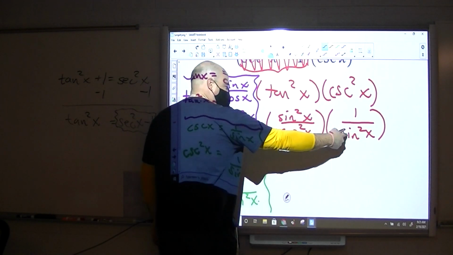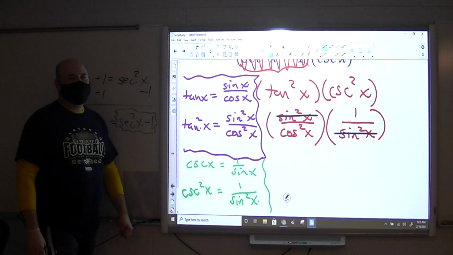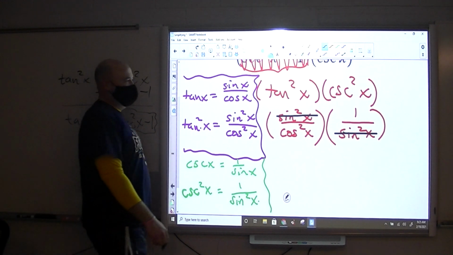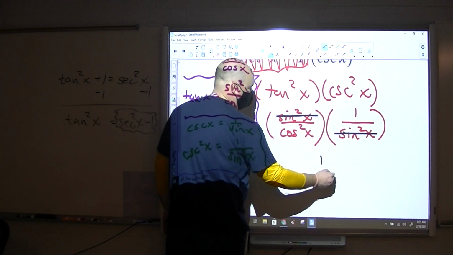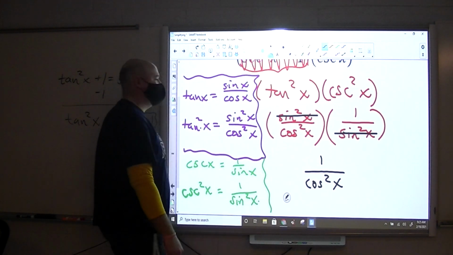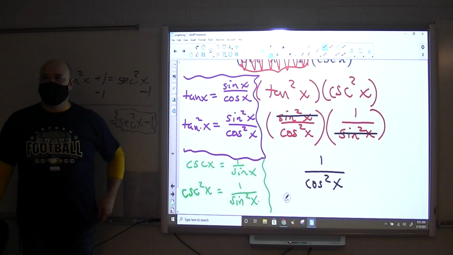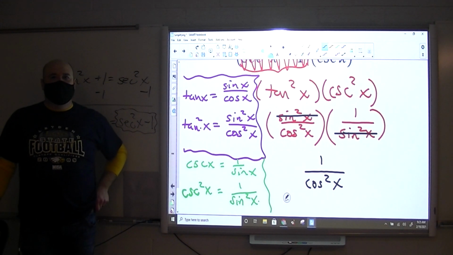So the sine squareds that are here cancel out. And on the top we have a 1, and on the bottom we have a cosine squared, which is pretty simple compared to what we started with.